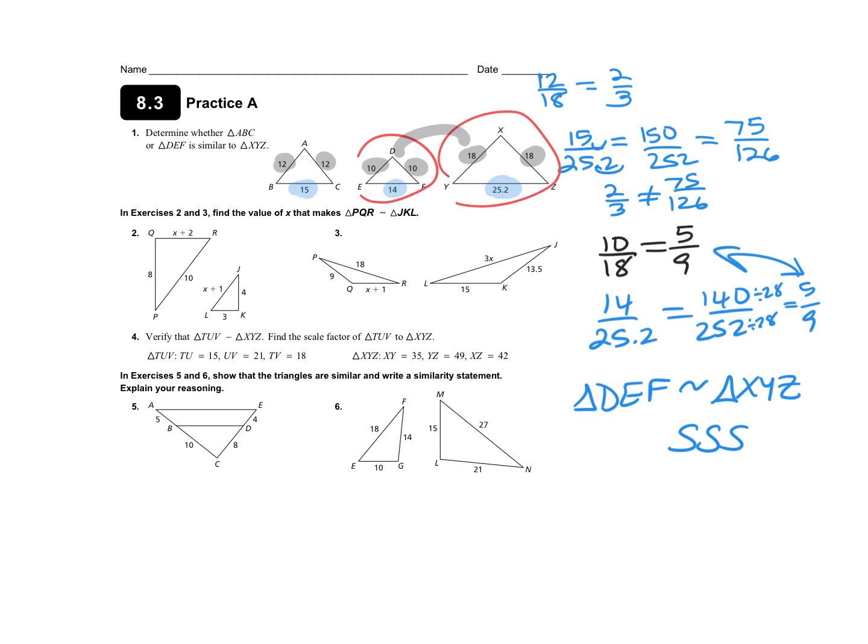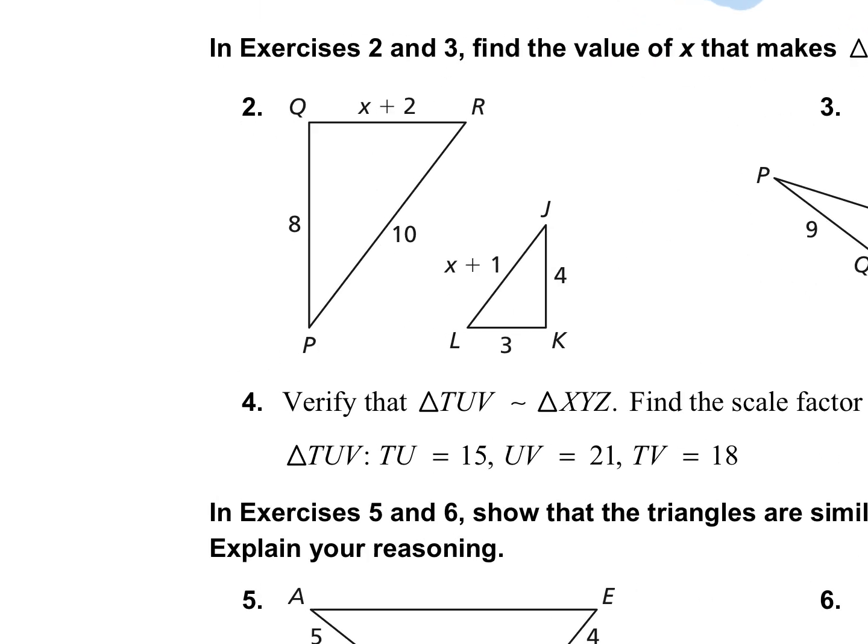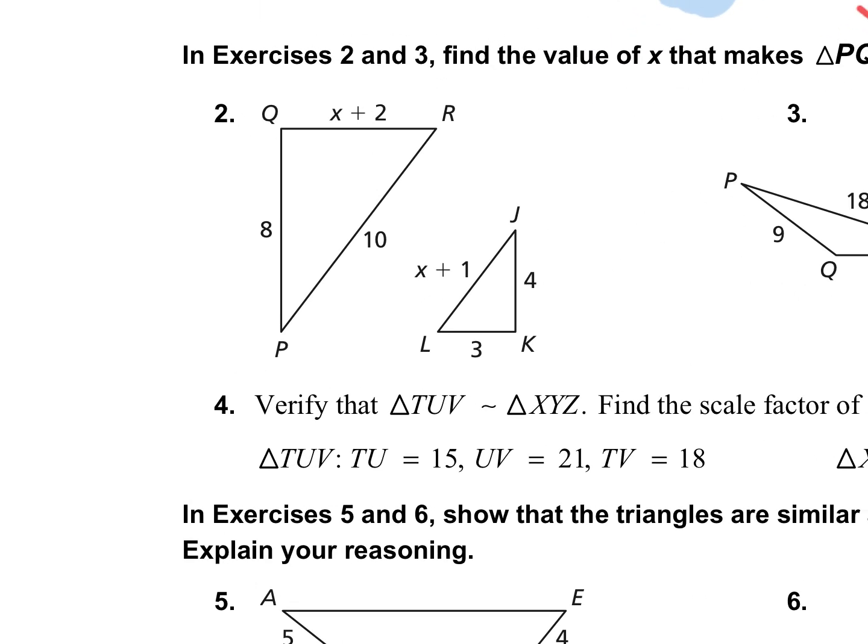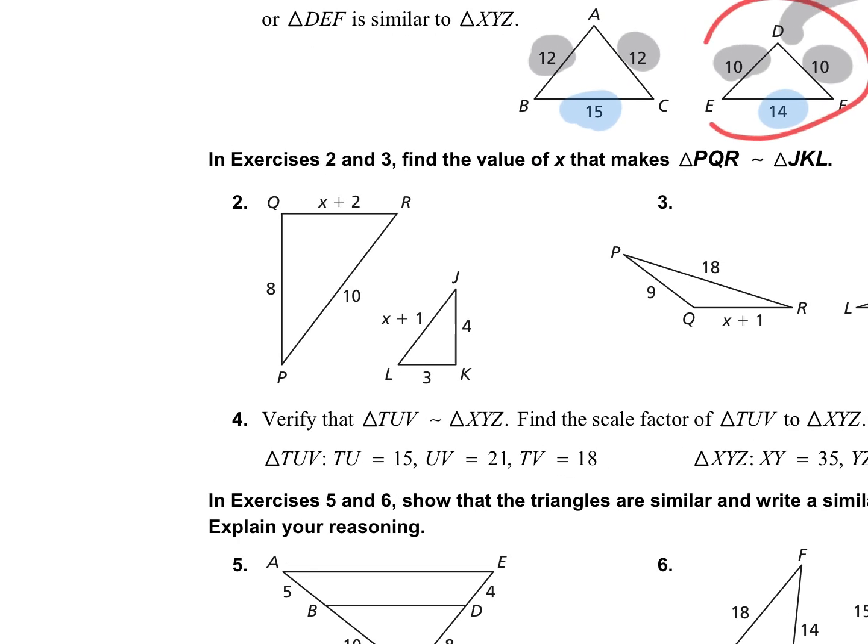Now, also, if they give you a similarity statement, be able to find the value of x. On number 2, notice they're not facing the same way, but what I can use is my similarity statement. So I can see PQ and JK are going to go together.